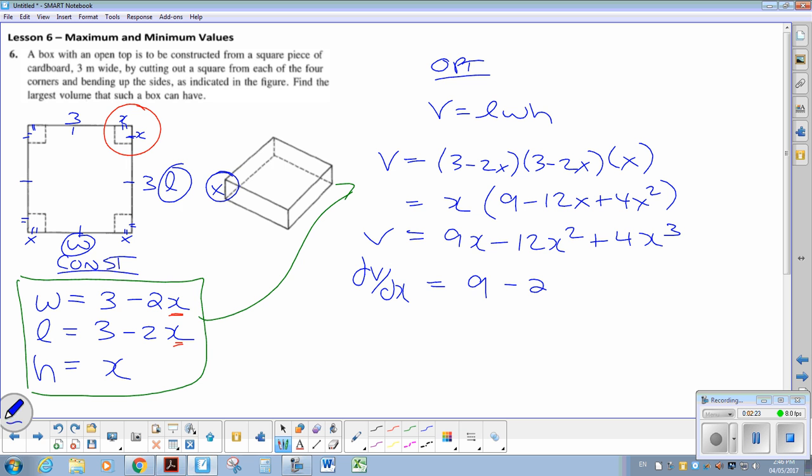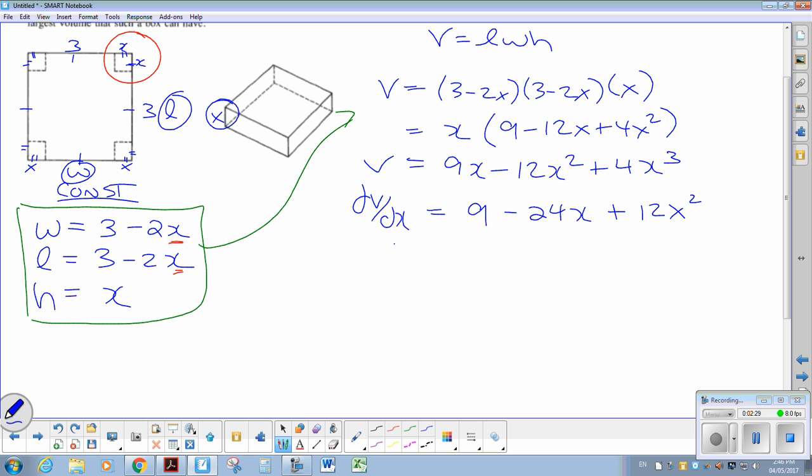So 9 minus 24x plus 12x squared. We let the change in volume with respect to x equal 0. 0 equals, and I look at that, I can pull a 3 out. So it leaves me 3 minus 8x plus 4x squared.